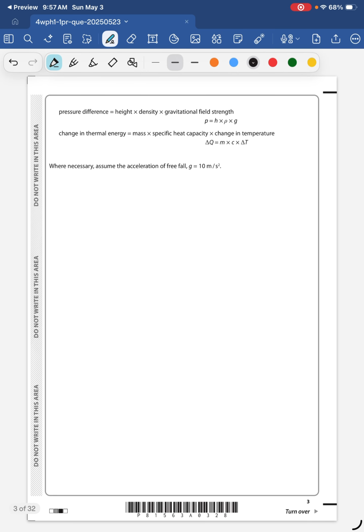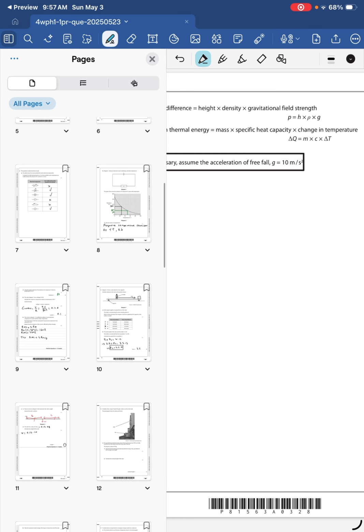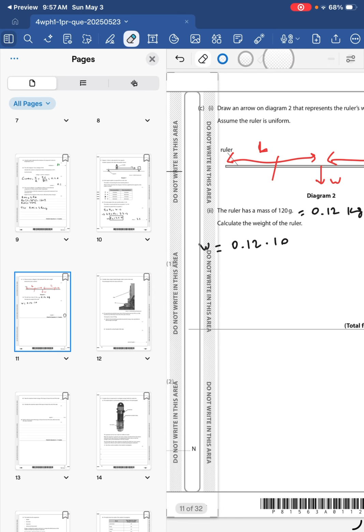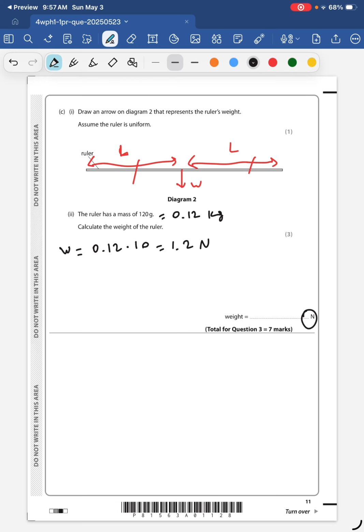If we go to the front of the paper, it says when necessary, assume the acceleration of free fall is 10 meters per second squared. So this is what I'm using. So 0.12 times 10 is 1.2 newtons. This was question 3, okay?